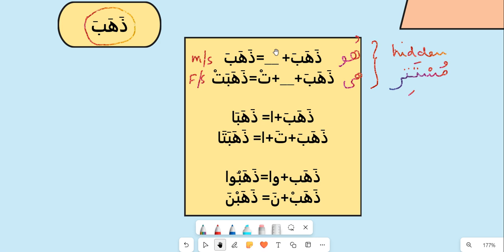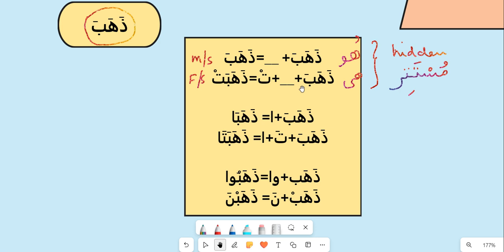Let's see. Here, that's why I have given you a blank space here just to show you that there is no visible damir attached after the ba, and in this case the ba is maintaining the fatha. So for the male singular in the ghaib you'll be using dhahaba, and the pronoun huwa is hidden inside dhahaba. Now, in case of feminine singular, the same dhahaba is used for the feminine singular.